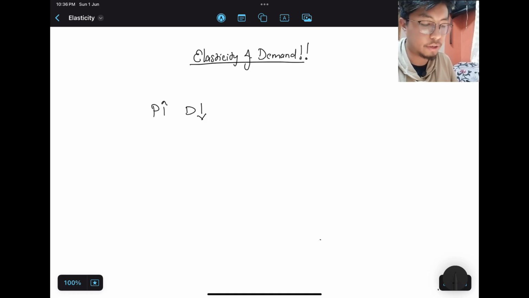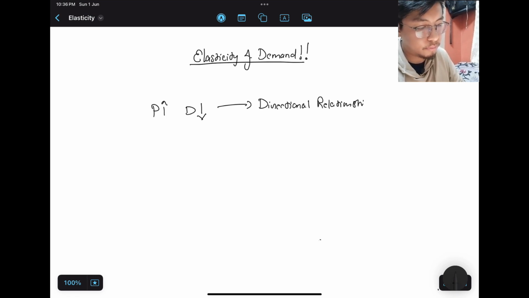In other words, what it gave us was the directional relationship, or the inverse relationship. That is all that it gave us.